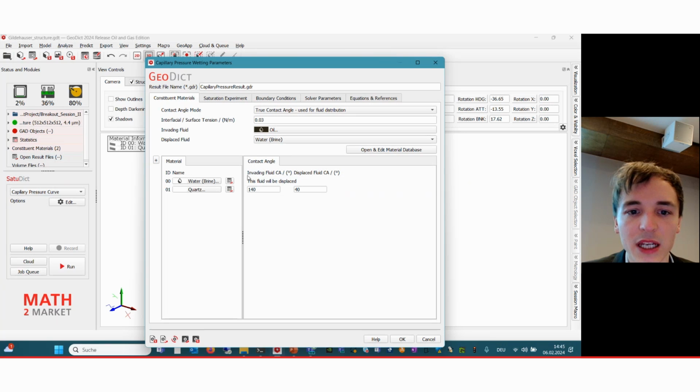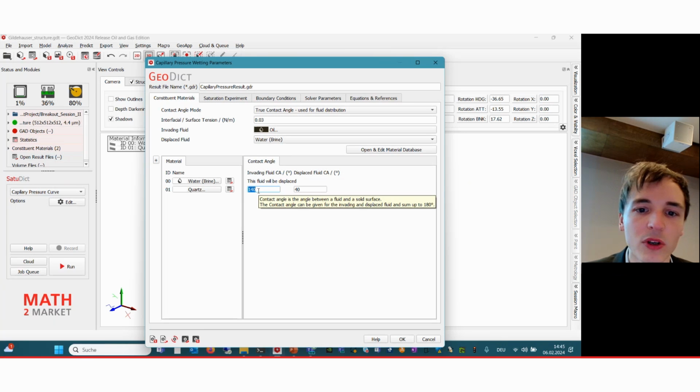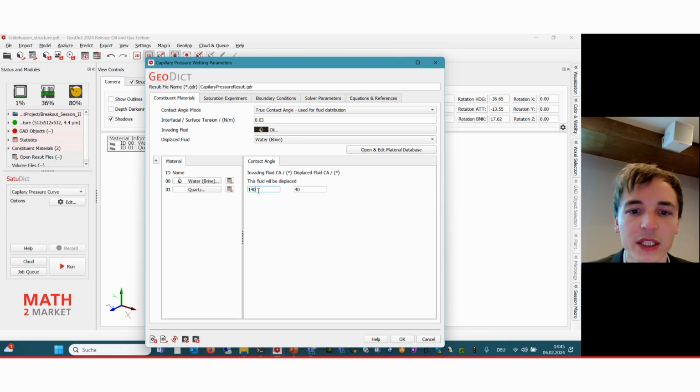So I'm looking at the table here where it says invading fluid contact angle, and have a look at the contact angle I would like to assume for the oil, which in that case is 140 degrees, which can be assumed for oil. So that parameter is already correct. On the other hand, for the displaced fluid, which is water in that case, 40 degrees would also be correct.